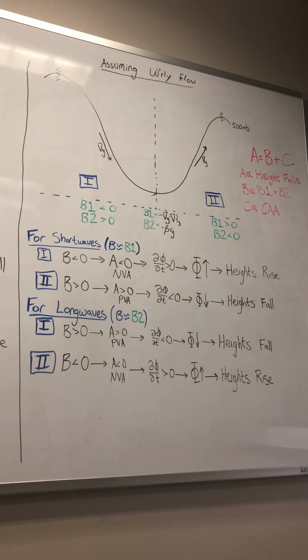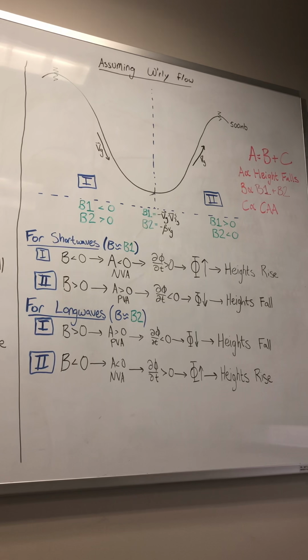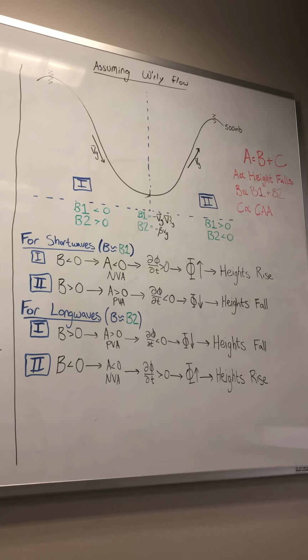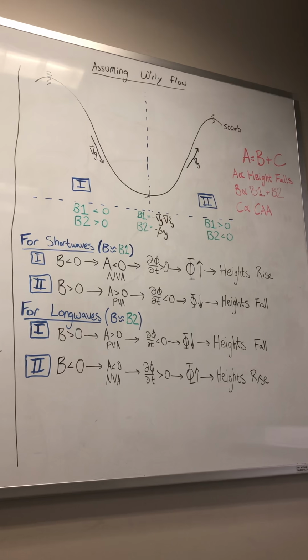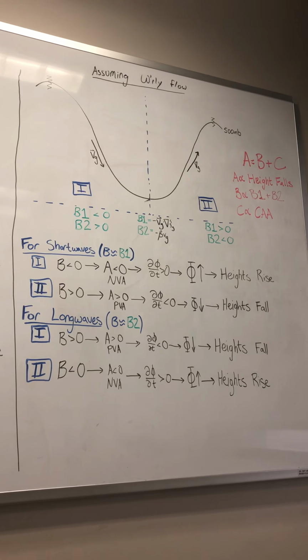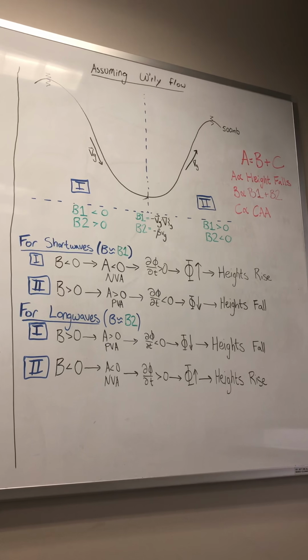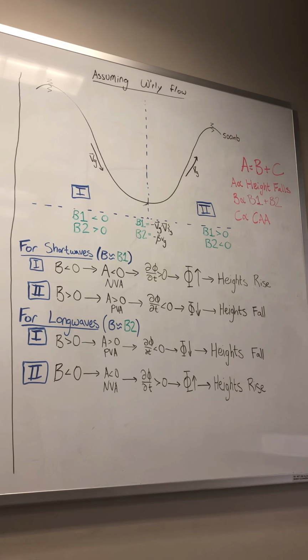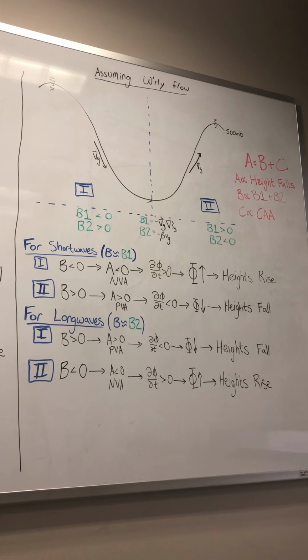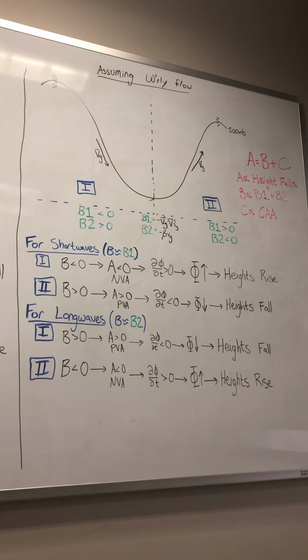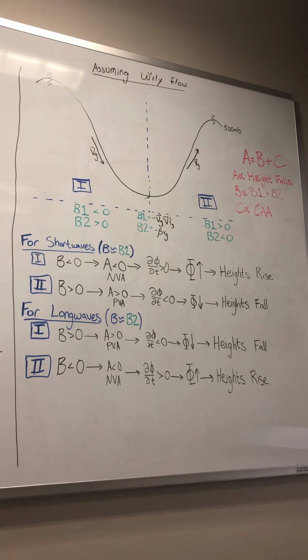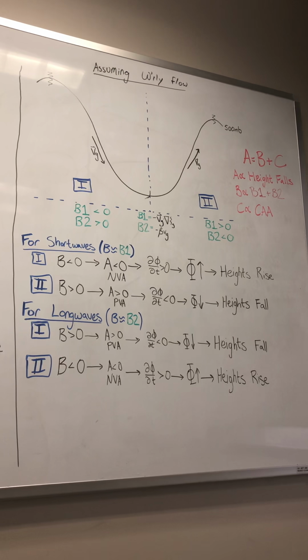B is broken up into 2 different terms, B1, which is relative vorticity advection, and B2, planetary vorticity advection. And C was proportional to cold air advection, or C is greater than 0 when cold air is being advected into the region at the surface.